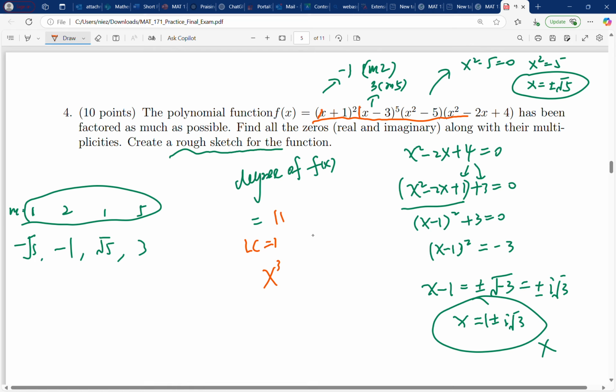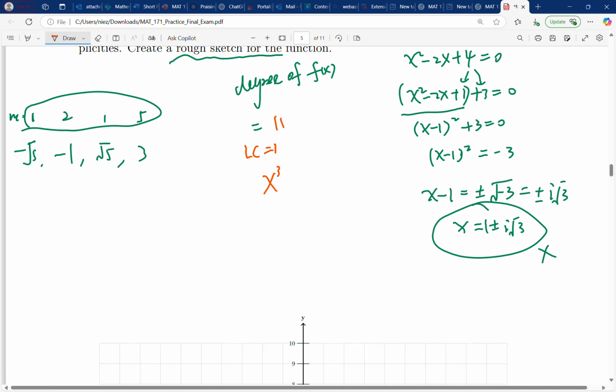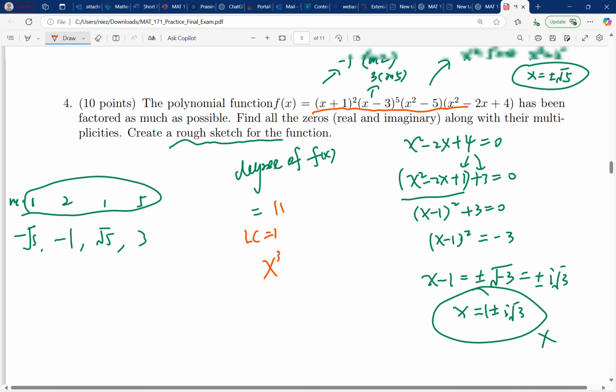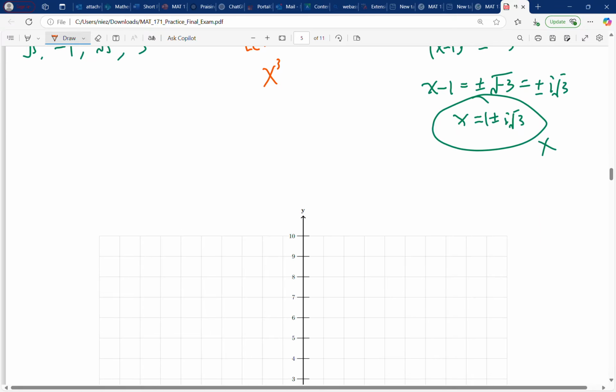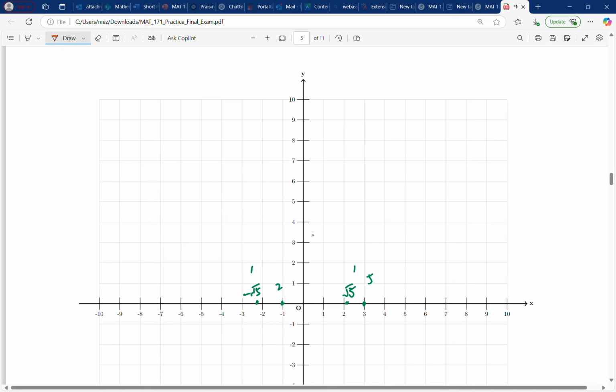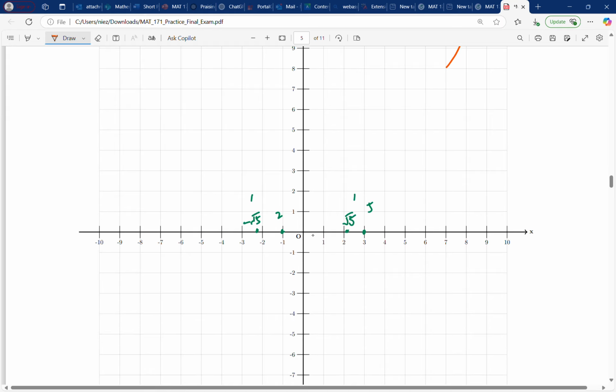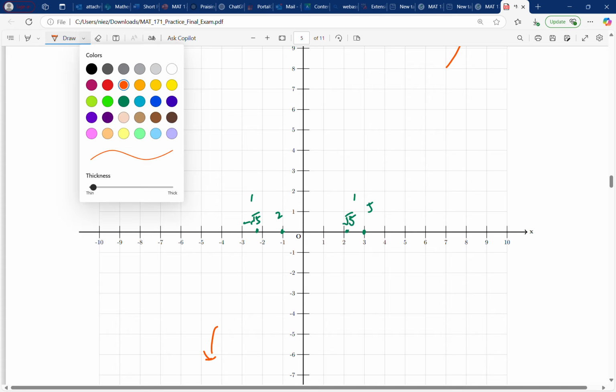Since the coefficient here is 1, here is 1, here is 1, here is 1, so you multiply 4 ones together, it is 1. The leading coefficient is positive, so it's going to have the same end behavior as x cubed. So it rises to the right and falls to the left. Now you can sketch the graph.